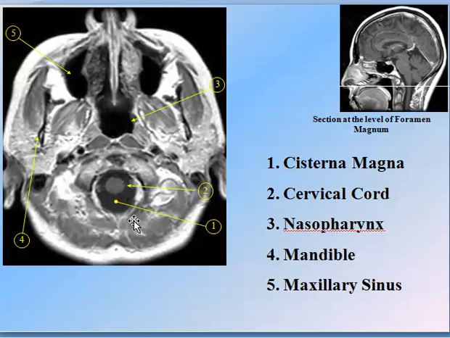This level is showing foramen magnum, spinal cord, region of the nasopharynx, lateral wall of nasopharynx, posterior wall of nasopharynx, maxillary sinus, and of course this is the mandible, a cut within the ramus of the mandible, here and there.